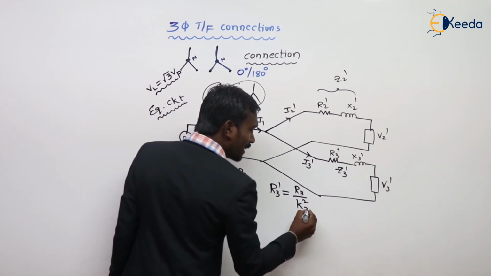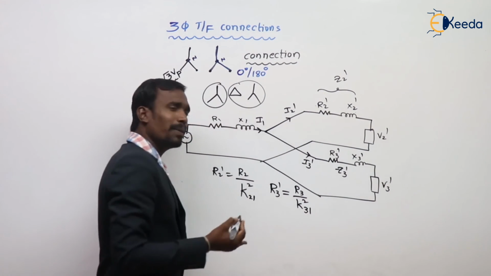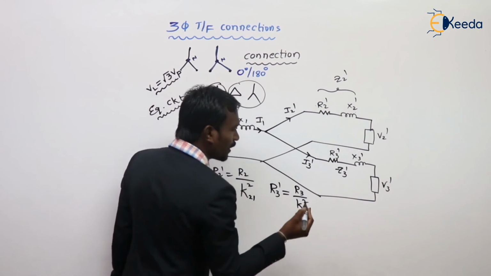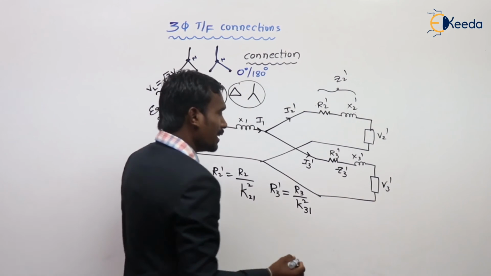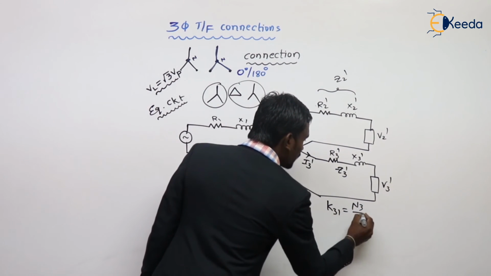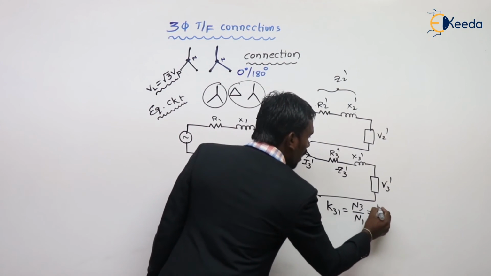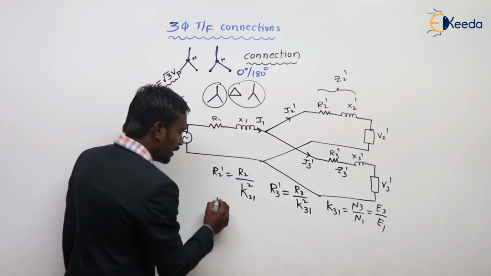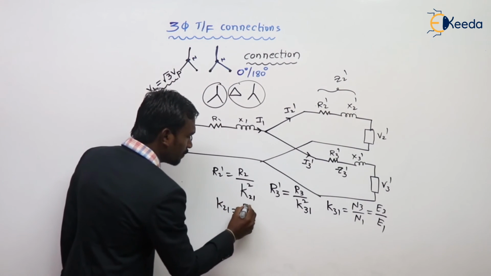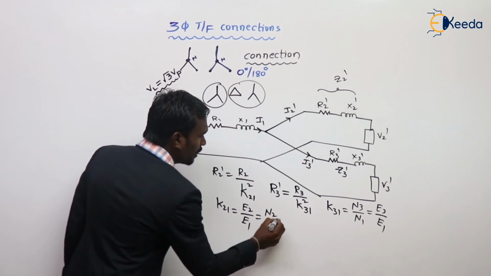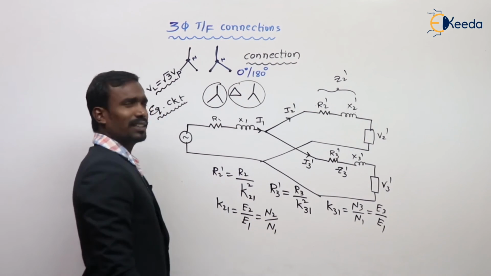What is K here? K is equal to N3 by N1, K for the third winding and first winding. Here K31 is equal to N3 by N1 or E3 by E1.